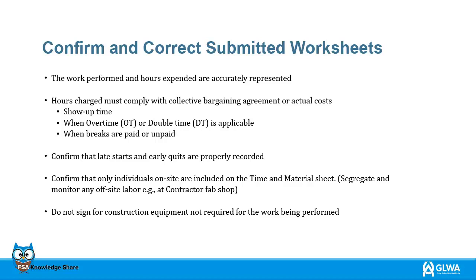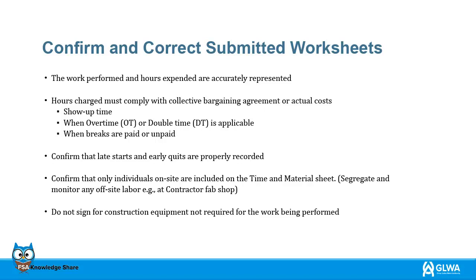Furthermore, the GLWA site representative can cross-check GLWA daily records with the contractor's daily logs to ensure the following: the work that the contractor is performing and the hours spent are accurate. The hours that are being charged have to match the actual costs. What time did they show up, and if overtime and double time is needed, and paid or unpaid breaks.